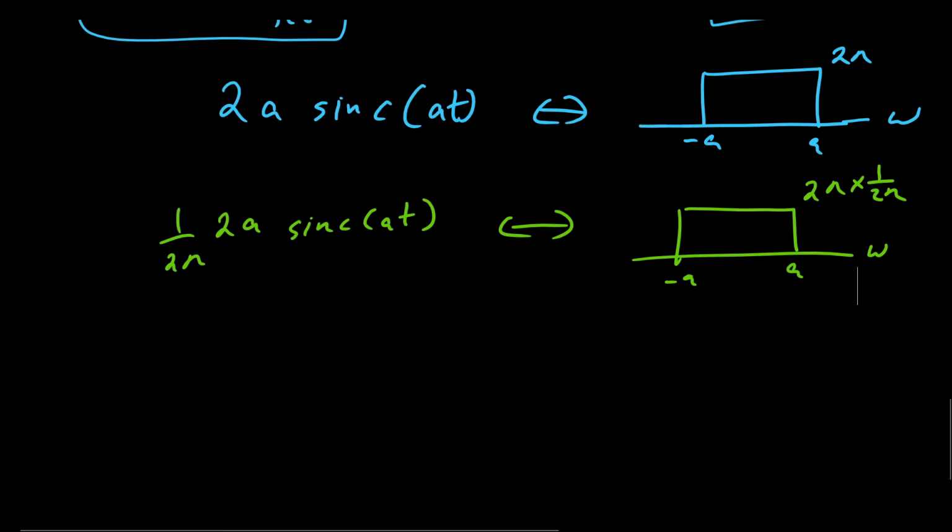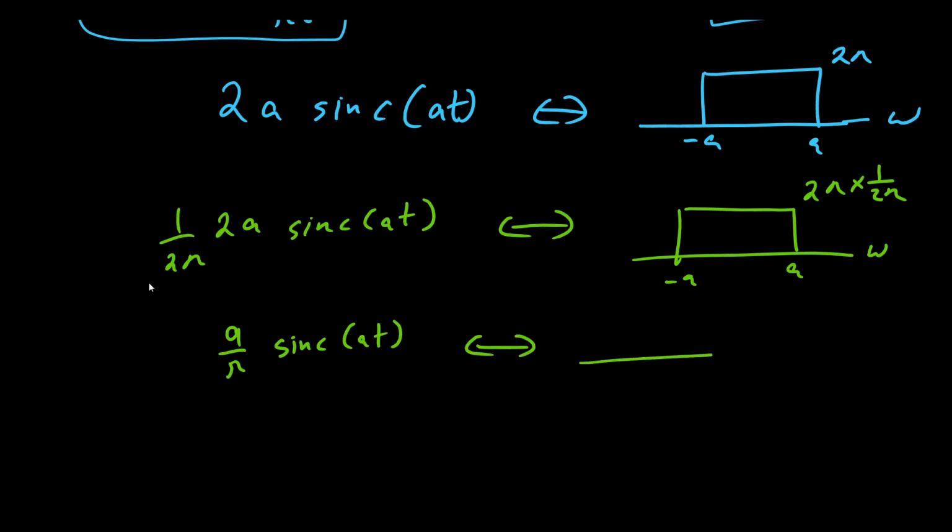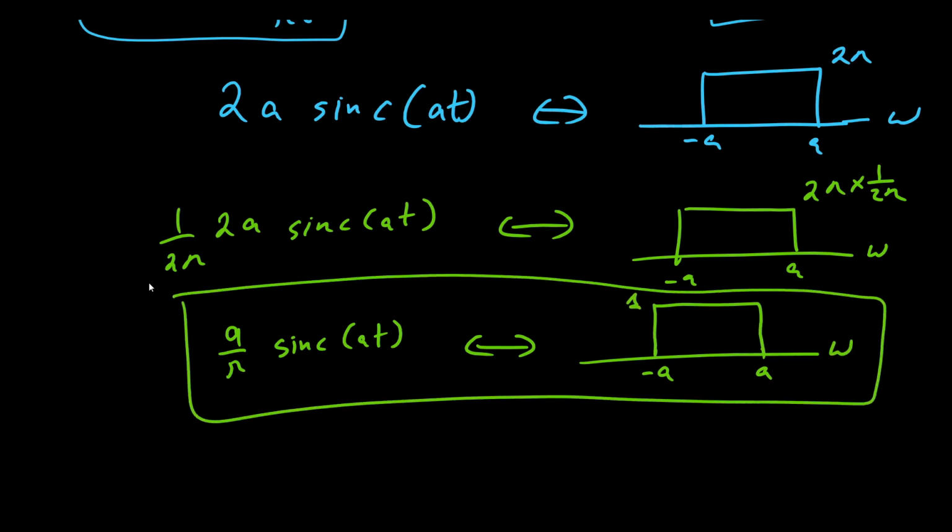Hence we have a by pi sinc function of at, and this has a Fourier transform which is simply minus a to a, and the amplitude is simply 1. Note that this mathematically can be written as 1 when the absolute value of omega is less than a, and it is 0 otherwise.